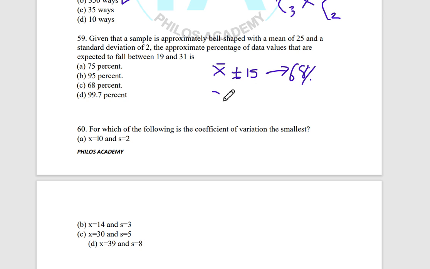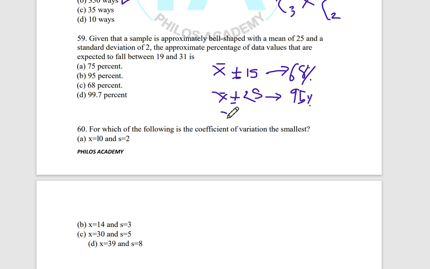Also, the mean plus or minus two standard deviations will have 95% of the values within them. We are going to use this rule to solve this question.